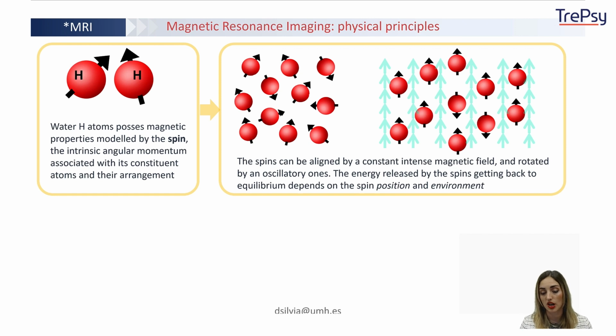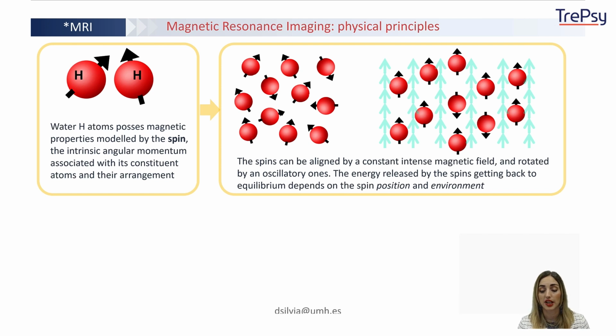However, this schematization can be useful to visualize the fact that the spins are oriented randomly in normal life, but in the presence of a strong external magnetic field, they can align to the direction of the magnetic field.